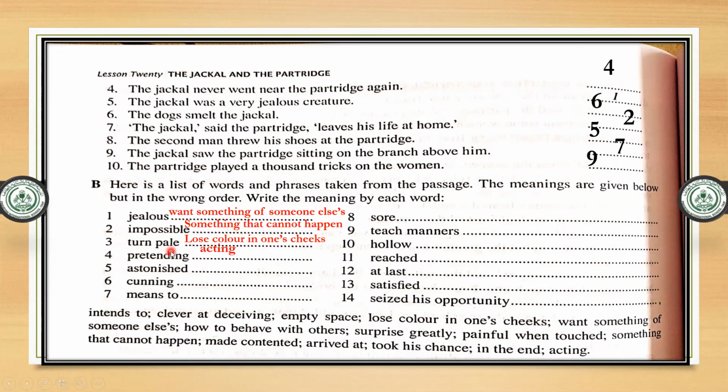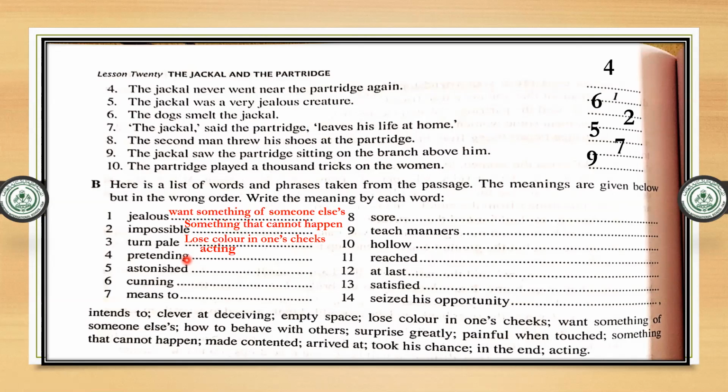Number 3, turn pale. Means lose color in one's cheeks, or you can say someone becomes nervous. So here it is given. Dear students, lose color in one's cheeks. Number 4, pretending. Pretending means acting like. Actually, he is not in this case, but he is acting.